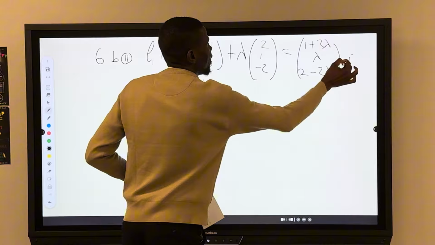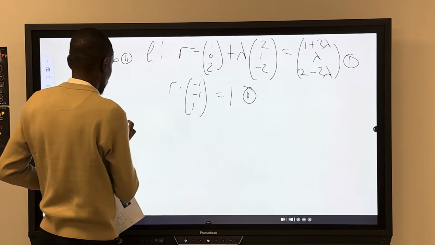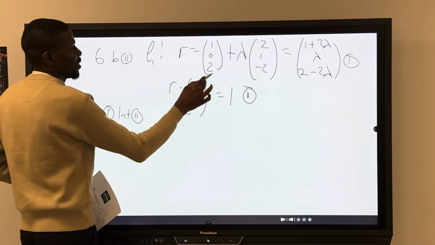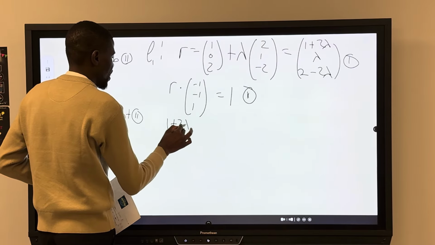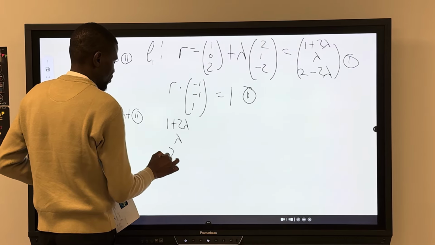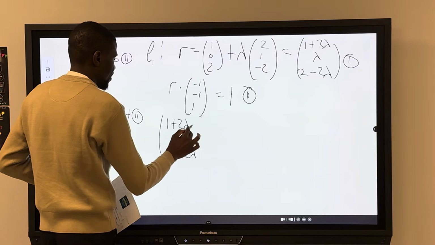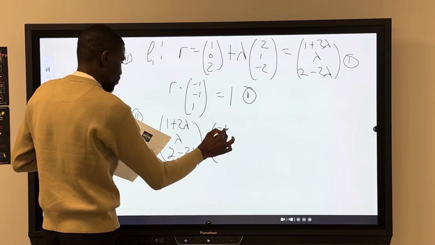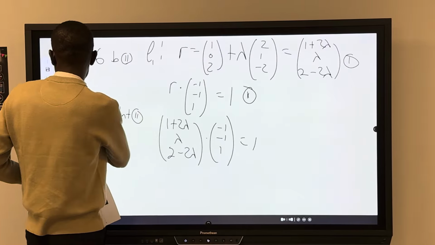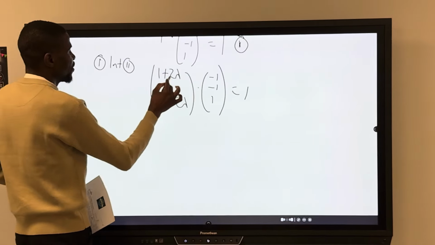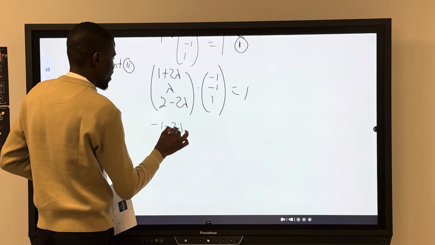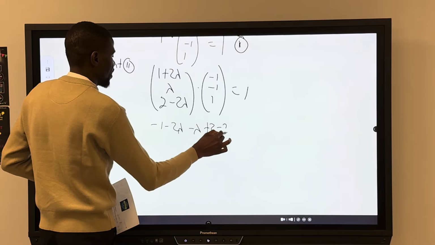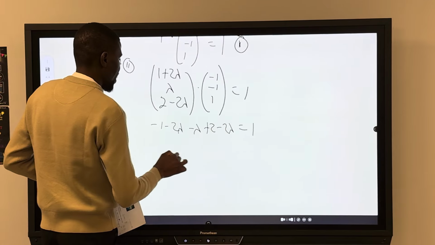So we have 1 and 2. If you plug 1 into 2, it's going to be (1 plus 2 lambda, 2 minus 2 lambda) times (-1, -1, 1) equal to 1. So we solve. When we solve, we get negative 1 minus 2 lambda minus lambda plus 2 minus 2 lambda equal to 1.